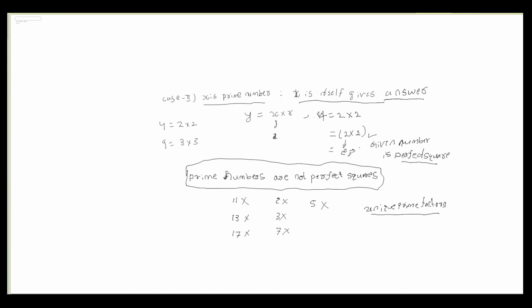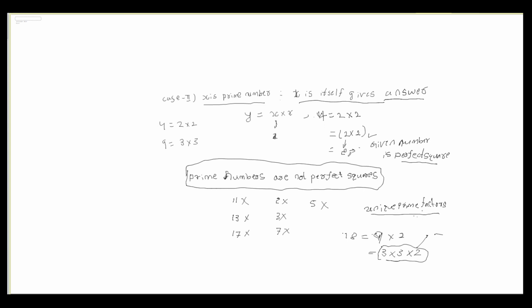You take any number other than prime, for example, you can take 18. This can be expressed as 9 into 2, which is 3 into 3 into 2. This uniqueness, these factors 3 into 3 into 2, will never come for any other number. This is what I am telling: unique prime factors like this.